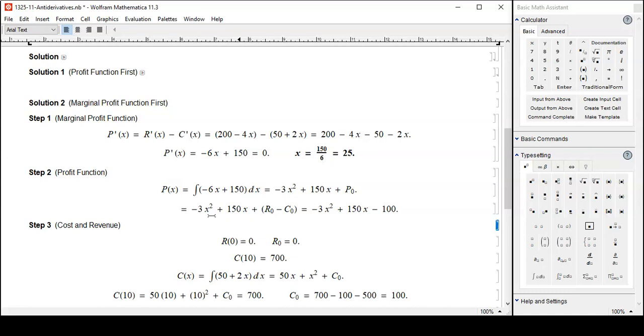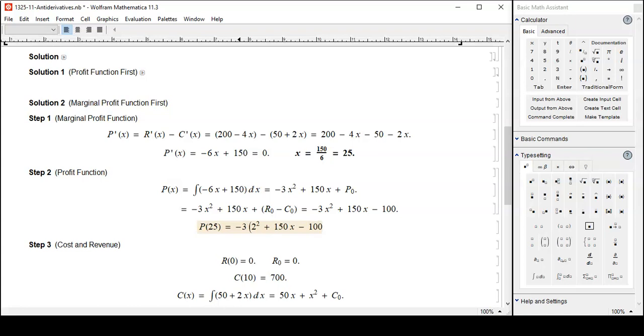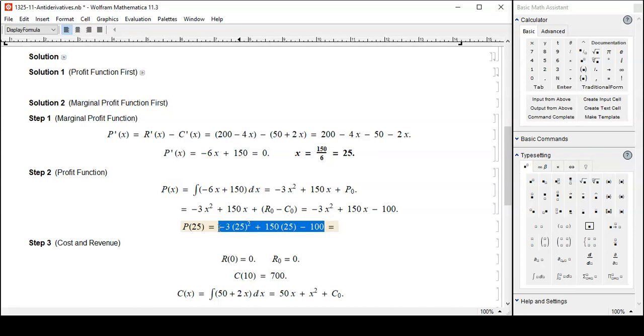And then if you plug in x equals to 25, plug 25 to all this, and run your calculator, and you're supposed to get the same answer as before.